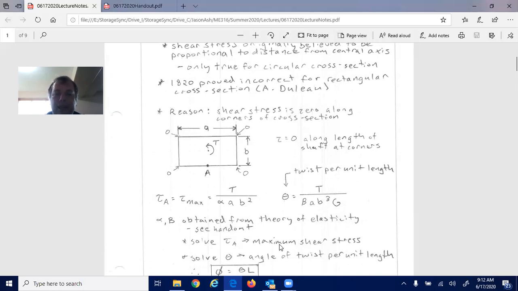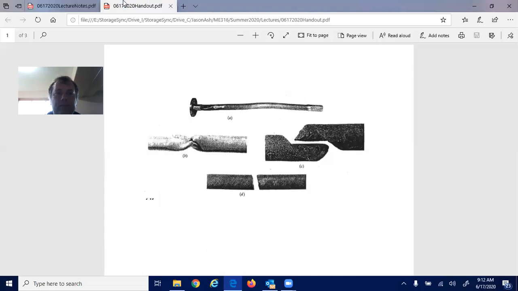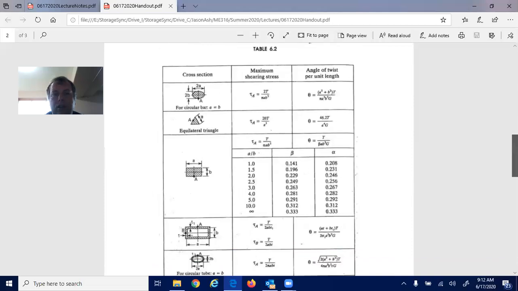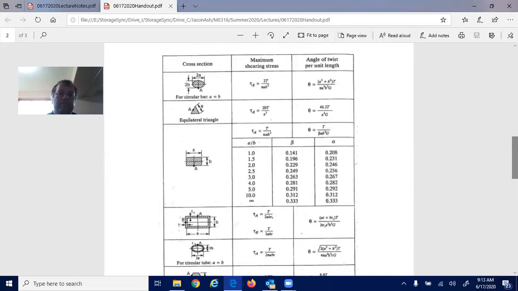I have a handout from Ugaral. We can look at an elliptical section, 2A and 2B. This could collapse down into a circular section if A is equal to B. Then the equilateral triangle.